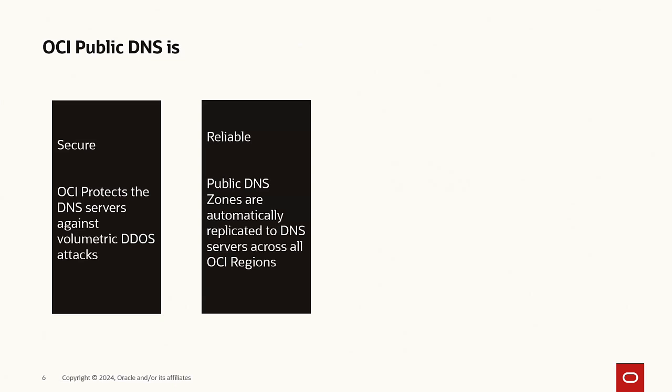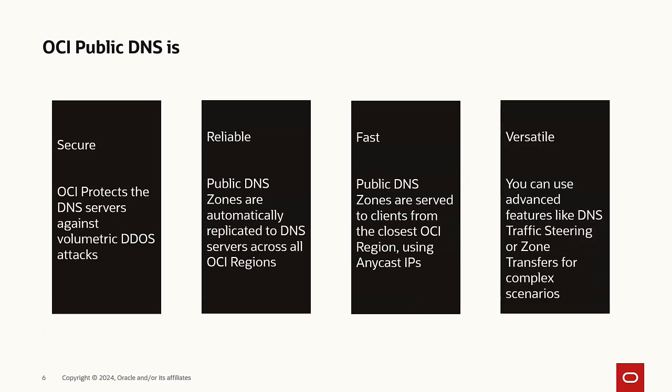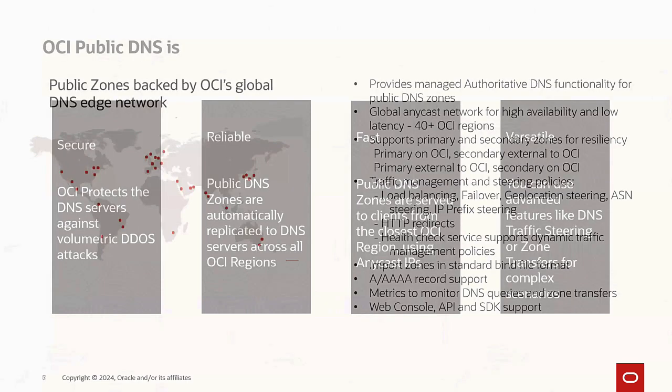Oracle has DNS servers in all regions, and any zone configured inside Oracle will be replicated across all these regions. It's fast because we use Anycast to serve clients. So any client doing a request will be directed to the closest OCI region, and they will get the response from there. And it's versatile because on top of everything that I previously said, we have advanced features like DNS Traffic Steering and Zone Transfers. And I'll get into all of these a little later.